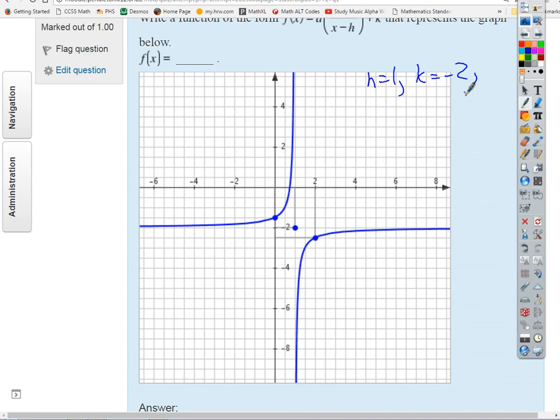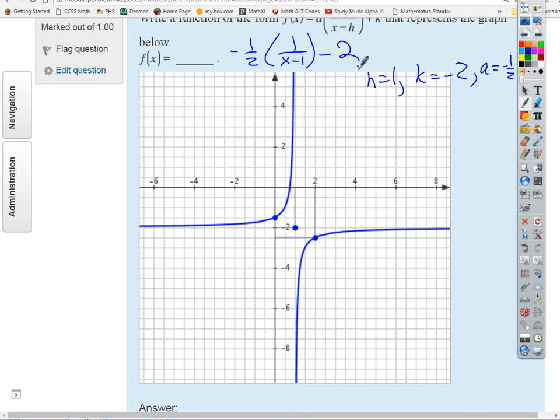Okay, so when I go over 1 to the right from the home point, I should go up 1. I'm going down, so what does that mean? It's negative. And instead of going down 1, I'm going down how far? So A is what then? Negative 1/2. Yeah, good. So A is negative 1/2, and then this would just be negative 1/2 times the quantity 1 over x minus 1, minus 2, right?